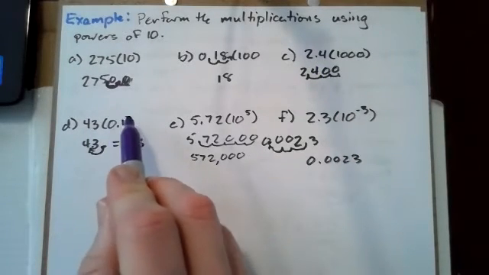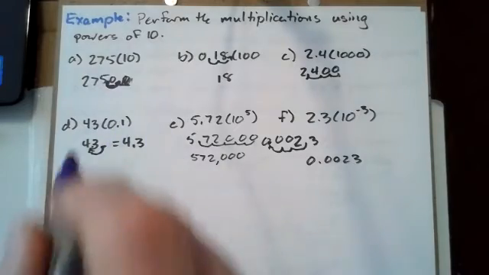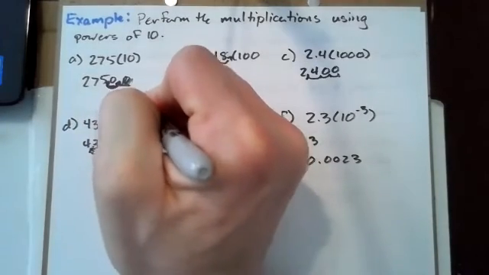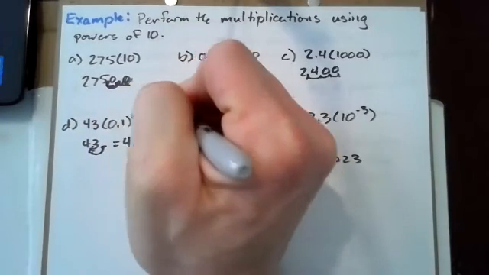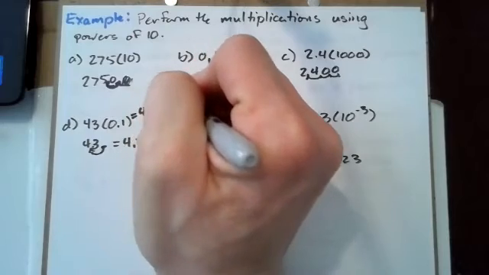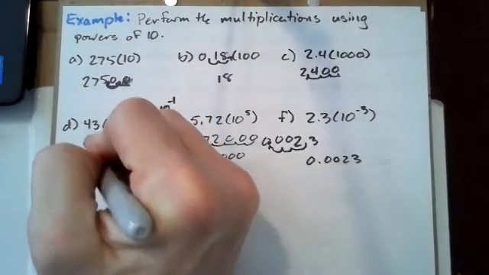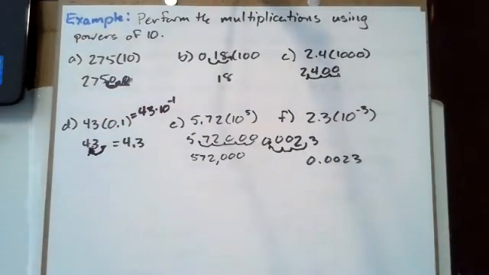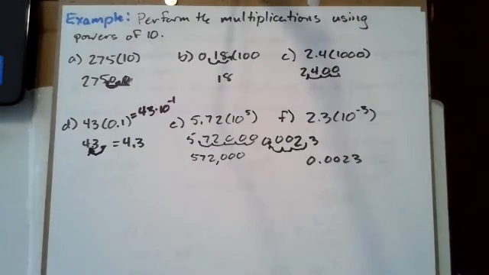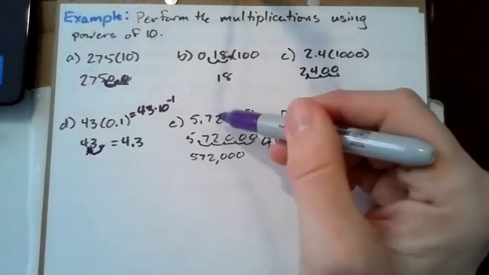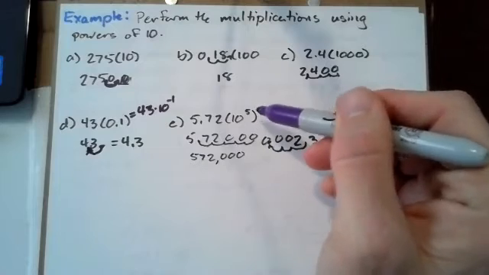4.3 times 0.1. This would be the same as 4.3 times 10 to the negative 1. So I'm going to move that decimal place 1 to the left. That gives me 0.43, or 43 hundredths. 5.72 times 10 to the 5th.